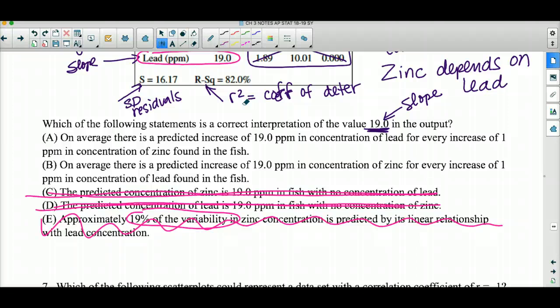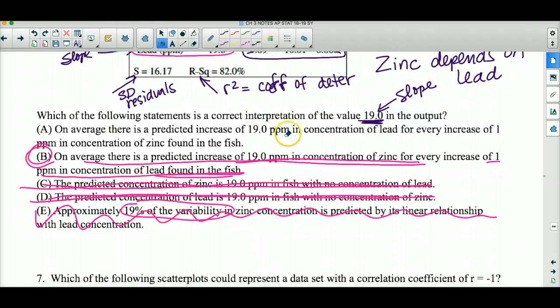So as the lead increases by 1, the zinc is predicted to increase by 19. So is it B? It was kind of confusing. It was very wordy and kind of backwards. I had to think about it.